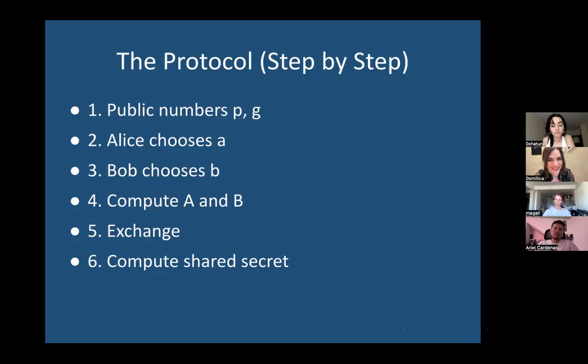And then they elect two secret numbers. Then they do the calculations, and then they have a shared trusted secret that no one can calculate, because it's based on the discrete logarithm problem of the color wheel that we just had.